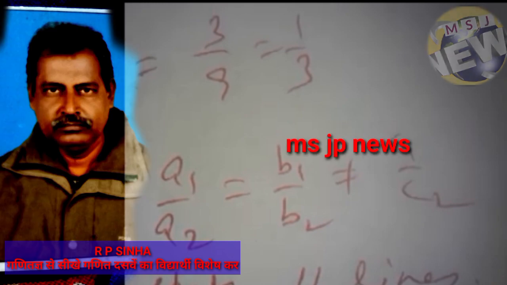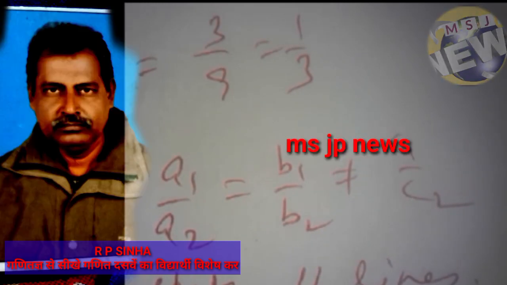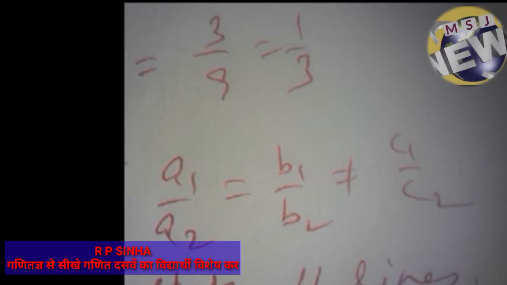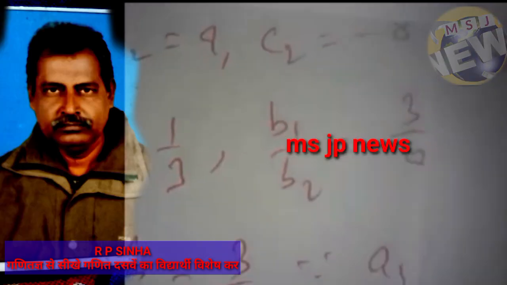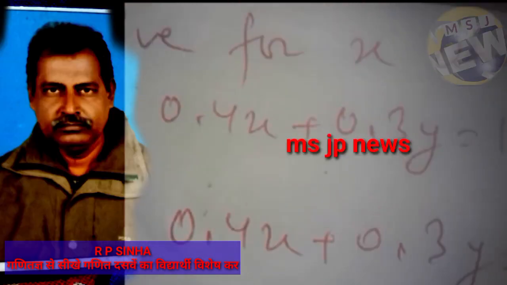Now I will discuss some questions which may be asked in 2 marks questions. Here we have a few questions. First of all, it will be given: solve for x and y.